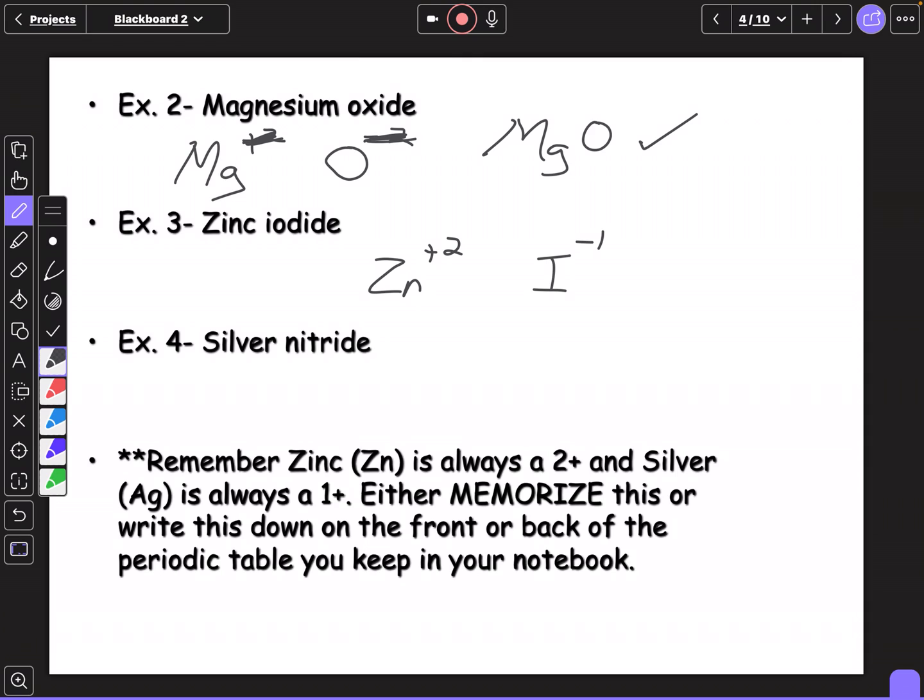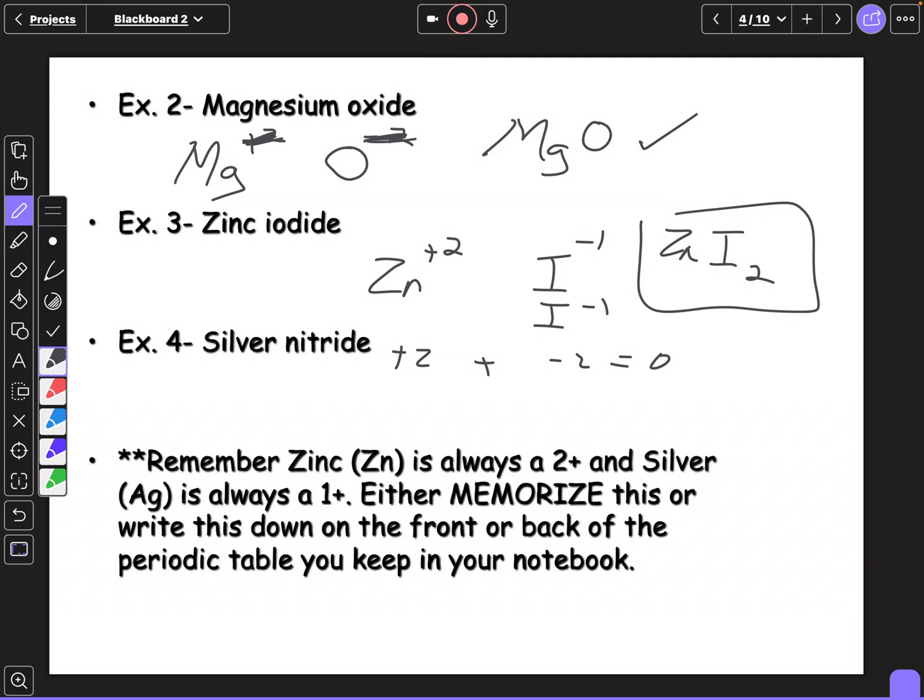Now, one of 2 ways I can do this. I could look at it and say, well, I have a +2 here and a -1 here, so to make them equal 0 I need a -2. So I'm going to need another iodine, and I could write the formula: it's going to take 1 zinc and 2 iodine to balance that out.